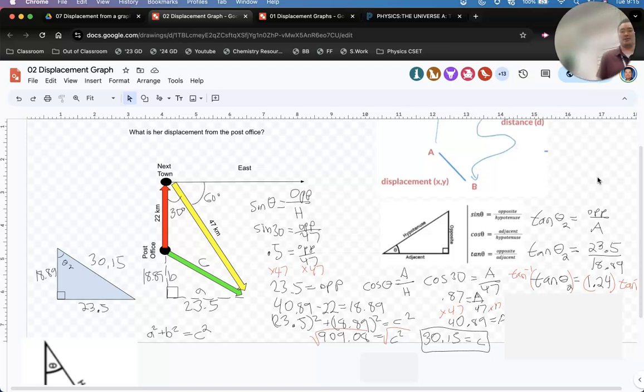So class, take your calculator, hit second, and then hit tan, and you got yourself an inverse tan, just like square root. Second square is square root. Second tan is inverse tan, and put in 1.24. What do you get? What's inverse tan 1.24?